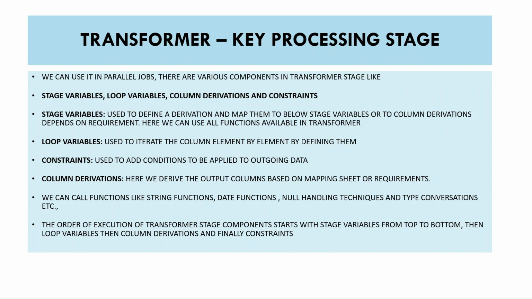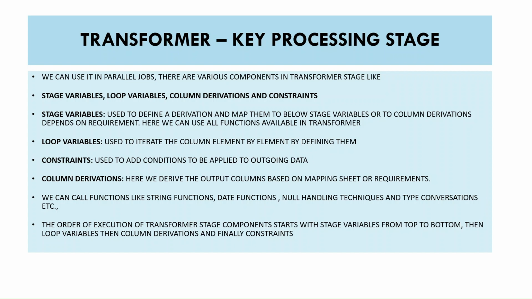And column derivations. Column derivations are one of the greatest advantages of this transformer, where we can apply null handling functions, we can validate the data, we can clean up the data, we can apply the string functions like getting left of something or right of something, getting a substring, changing the case of our string, or concatenating, any kind of string operations.